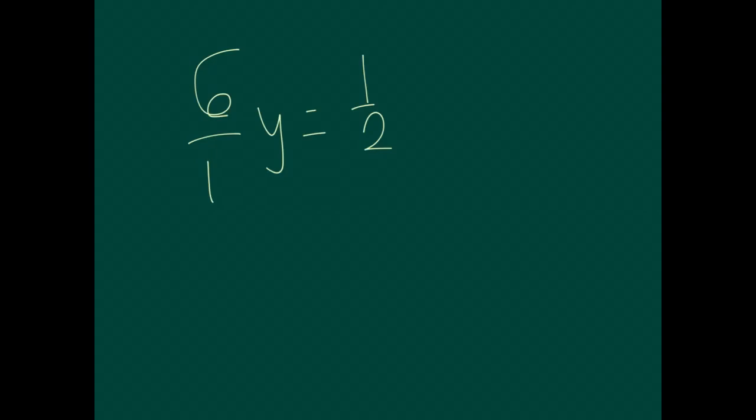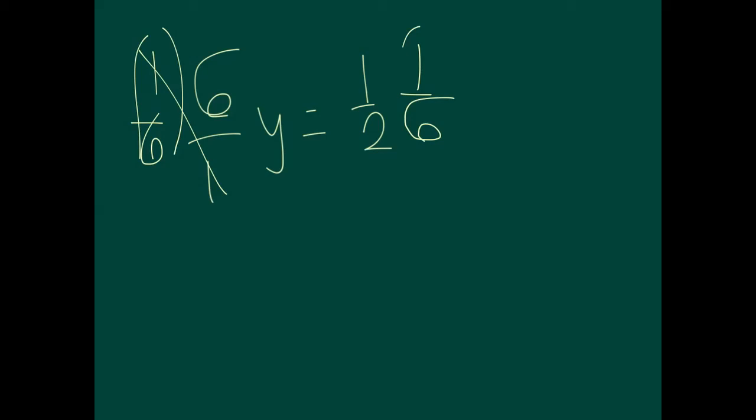And then our next problem is 6 over 1 times y, which would equal 1 over 2. First, you would have to set this up in a division problem. So first it would be 1 over 6, that cancels out, and then it's times 1 over 6.